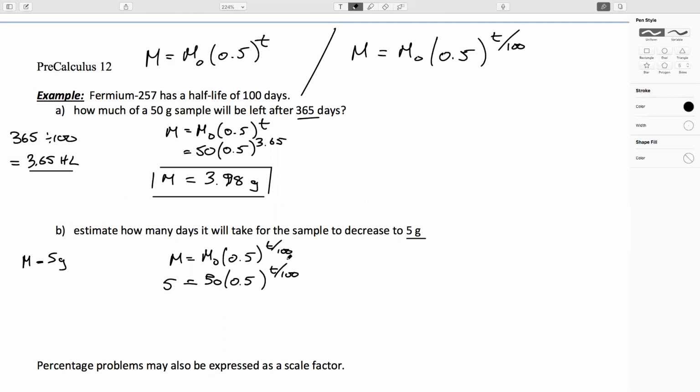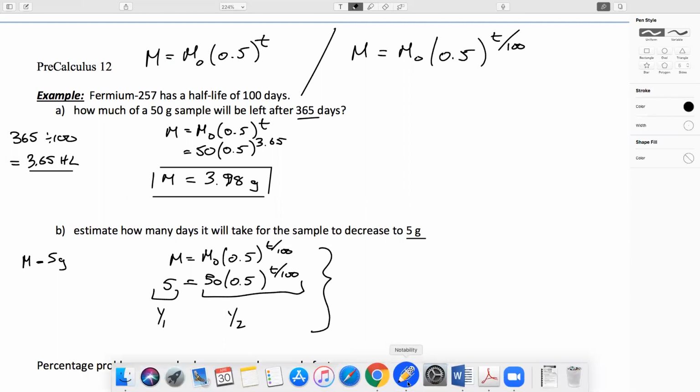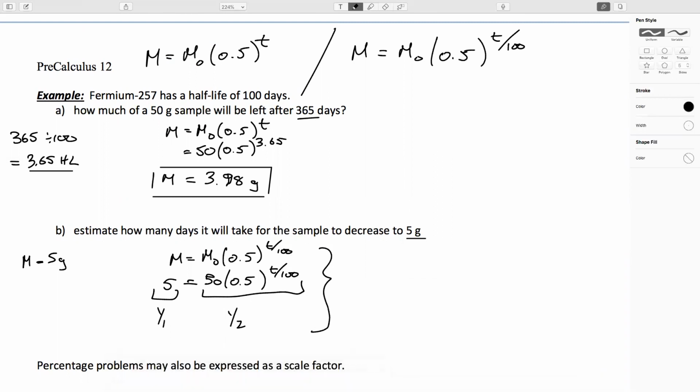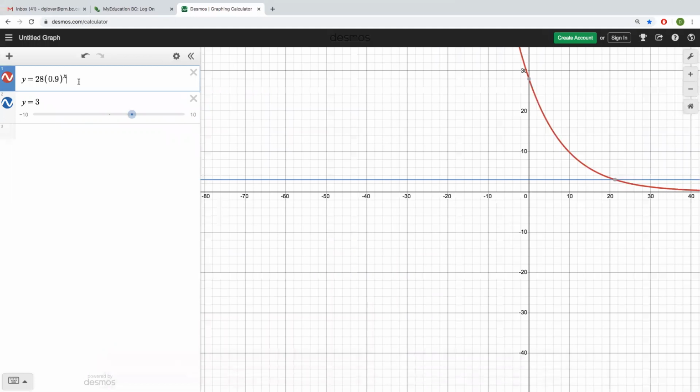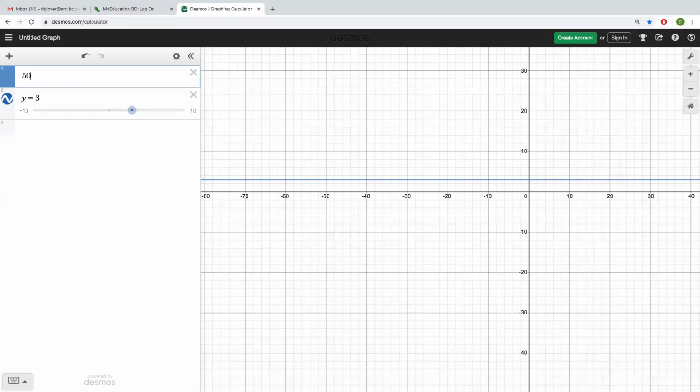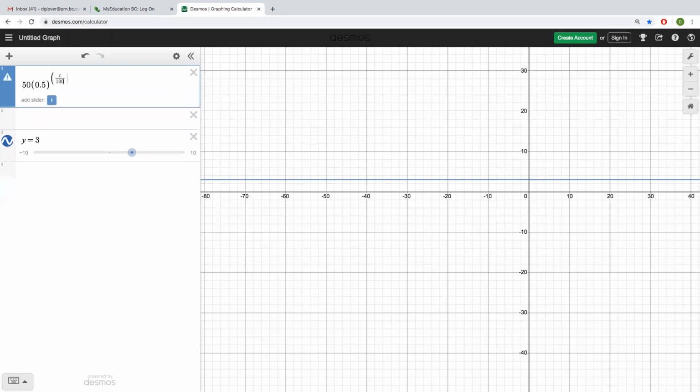We can define 5 as y1. We can define this as y2, and we can find the intersection points. So let's go back to Desmos. Our exponential function this time is 50 times 0.5 to the power t over 100.